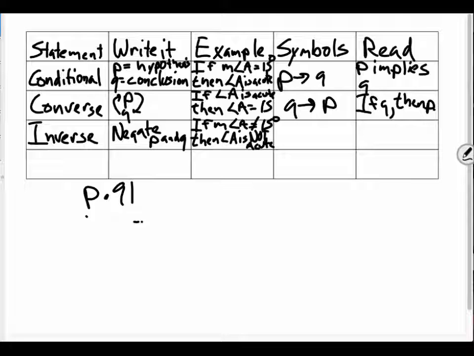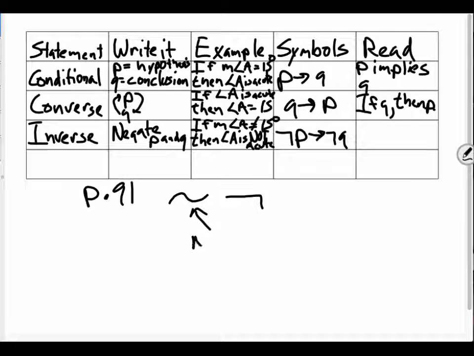Okay? And the way that we would write that, and Mr. Adams writes it a little different than your book, I do it like this. And that's the negation. So whenever you see this symbol, your textbook does it like this, but Mr. Adams does it like that.